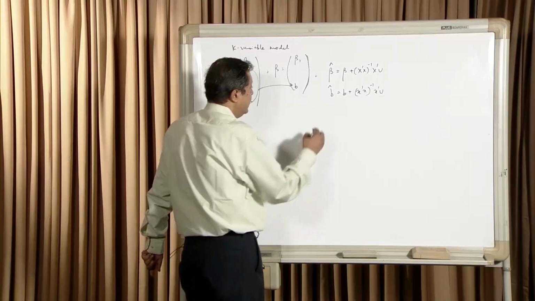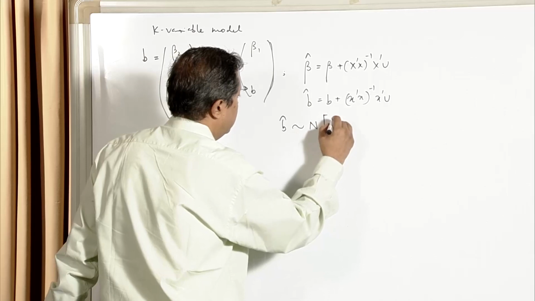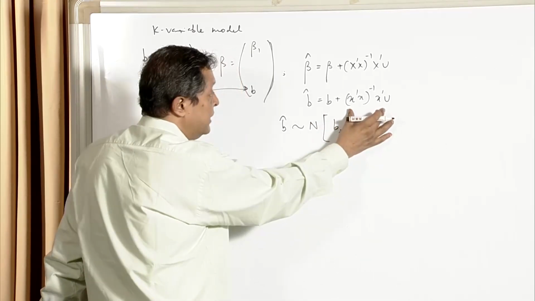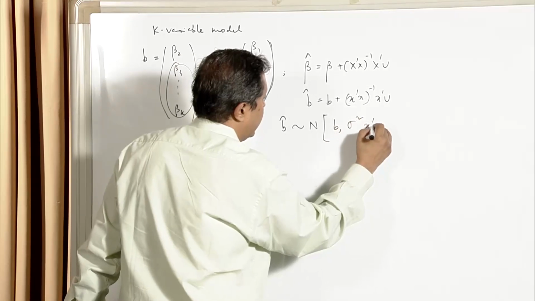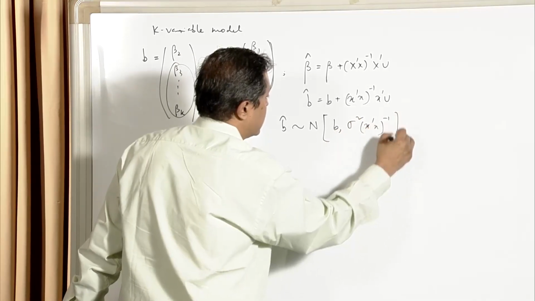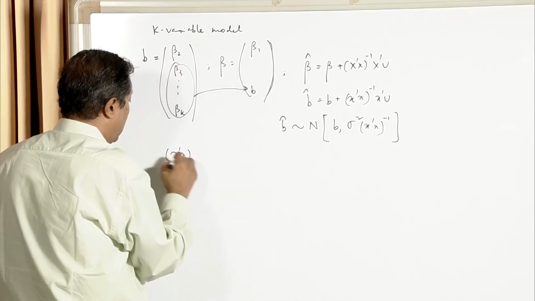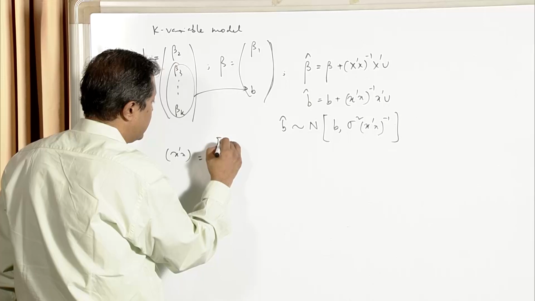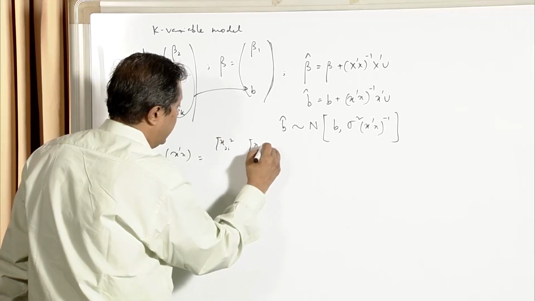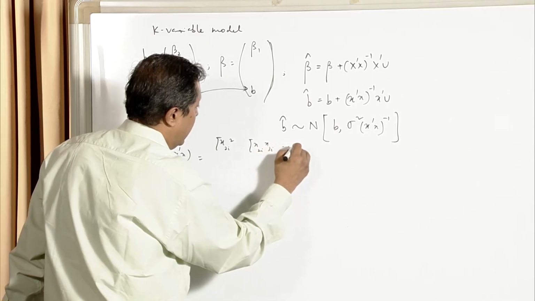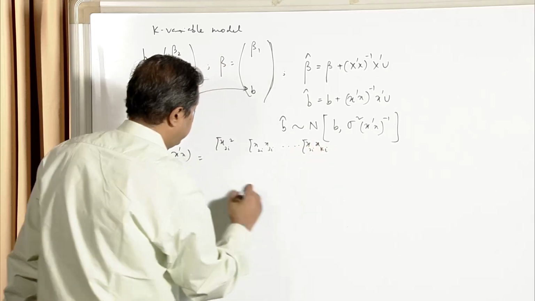As we have already seen, b hat follows a normal with mean b, and the variance of this is sigma square x prime x inverse, where this x prime x will now be summation x2i square, x2i x3i, and up to x2i xki.